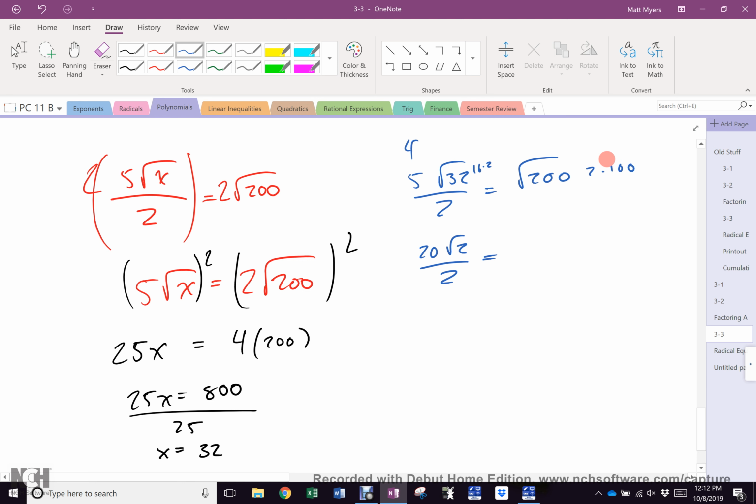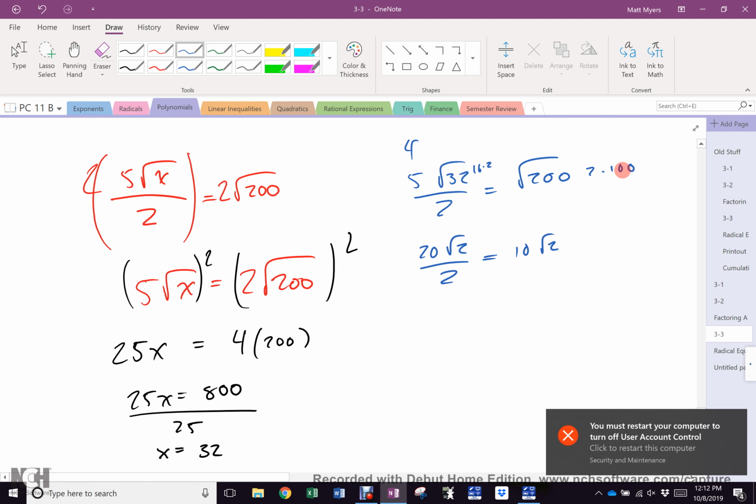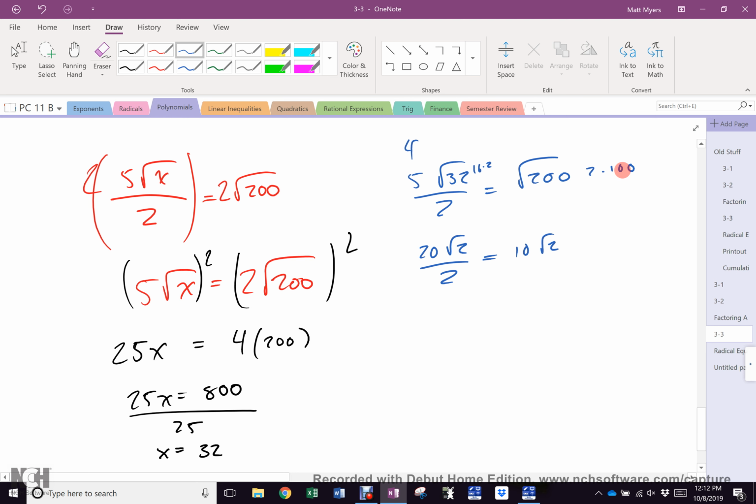What's coming out? 10 root 2, right? Square root. I heard you say 10. I don't know. I'm old, right? Like, I could have sworn you said 25, but you never would have said that. Obviously, you said 10. I'm so old. I hear you. Or do I? What happens here? Does 10 root 2 equal 10 root 2? It does in my universe, so it's done. Right? So 32 is the right answer. Yeah?